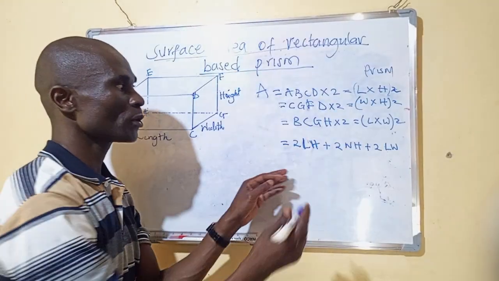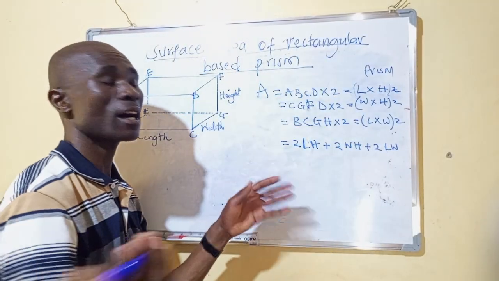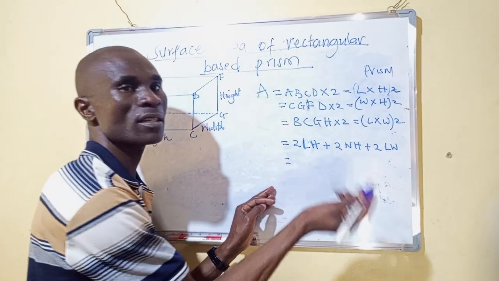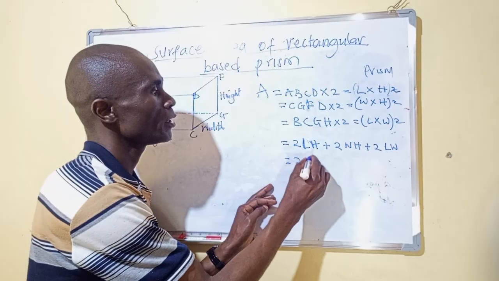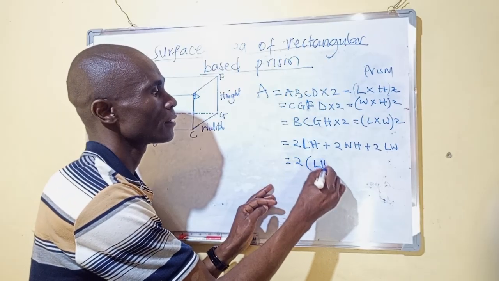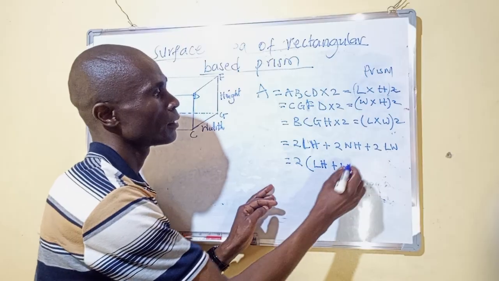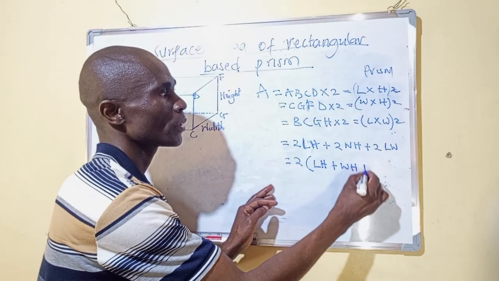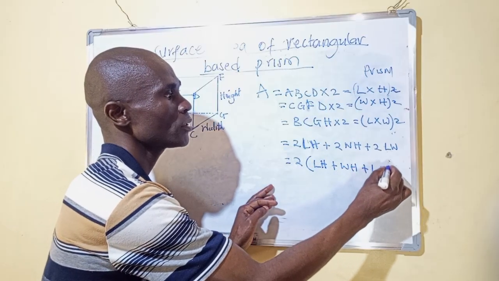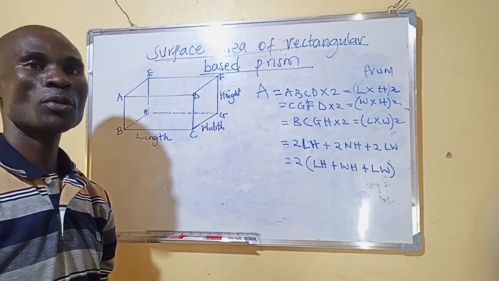If we do that, we can factor out the 2. So the area is simply 2 into length times height plus width times height plus length times width. You do that, you have the area.